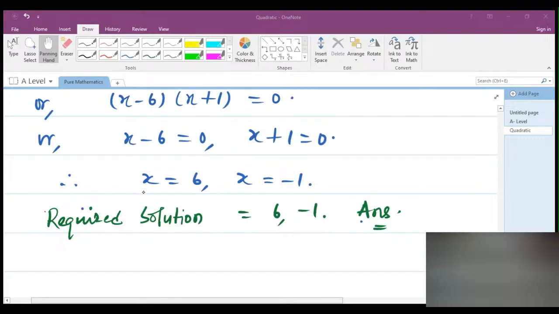Let's see the next question. So the next question is here, 2 by x plus 3 by x plus 2 equal to 1.